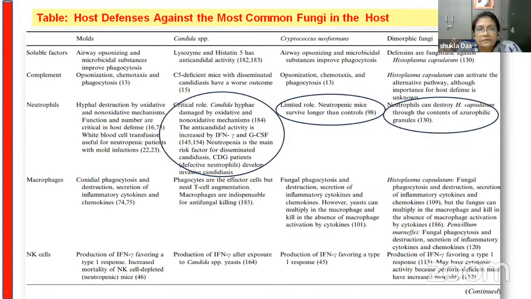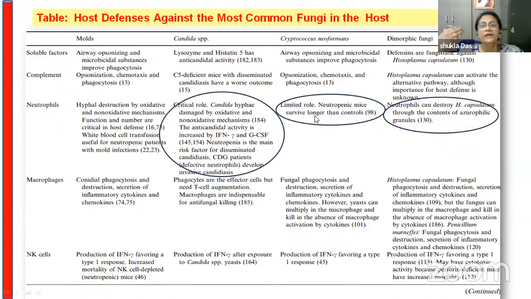Next, this slide is just telling you, I've taken three major examples, Candida, Cryptococcus, and the dermatophytic fungi, and the cells which are important for controlling the infection. If you look at the neutrophils, just one example, neutrophils can kill Candida, but have a very limited role in Cryptococcus.